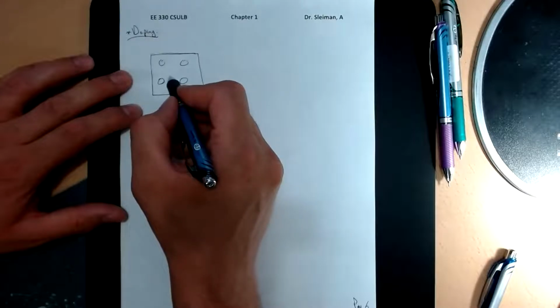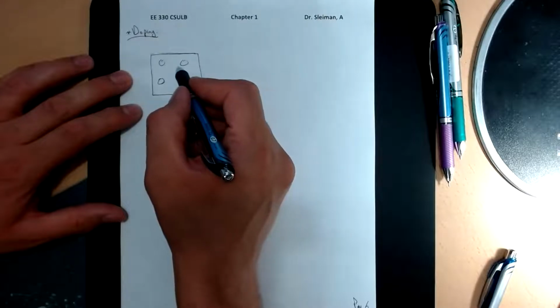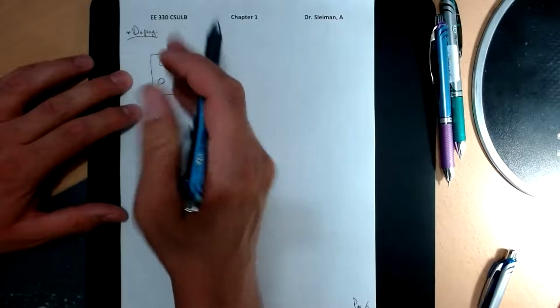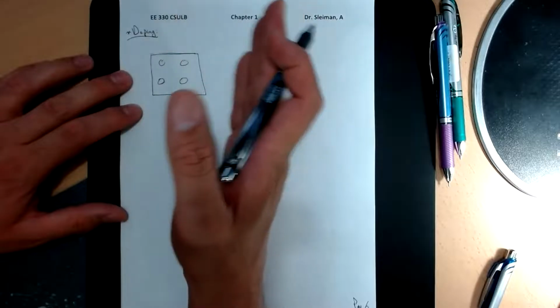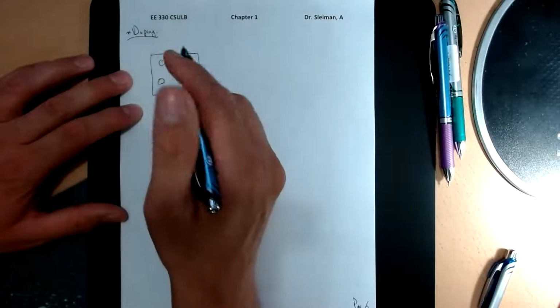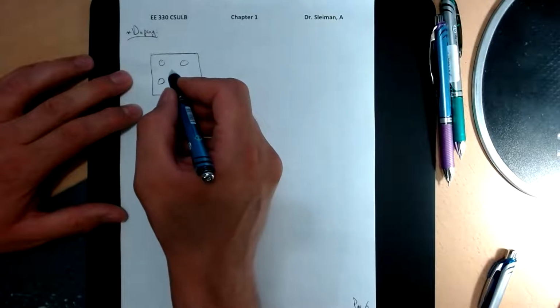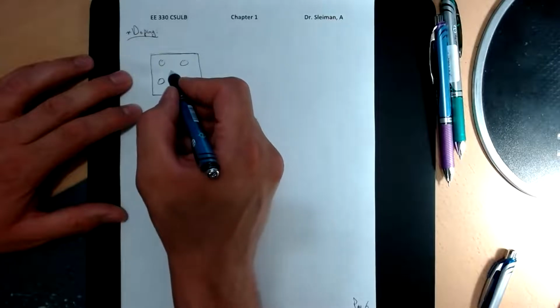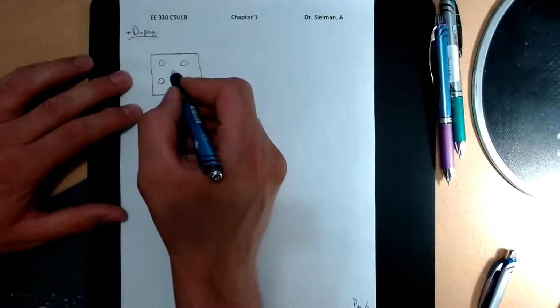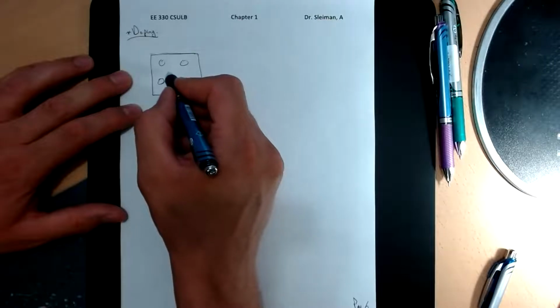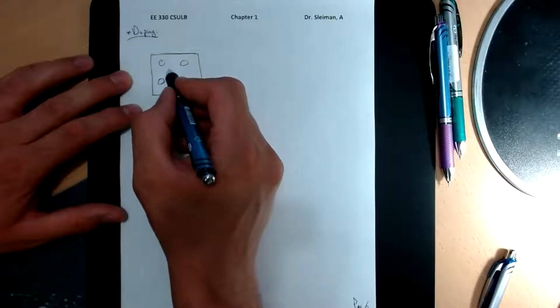So let's say we introduce one atom, either from the fifth or from the third group. So let's introduce one atom from the fifth group, which is phosphorus.